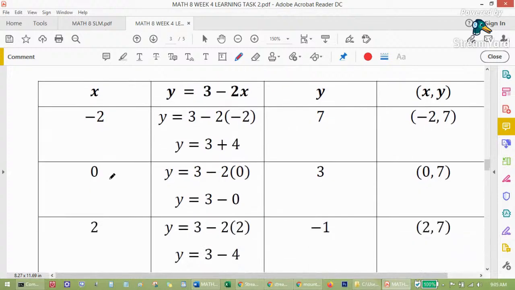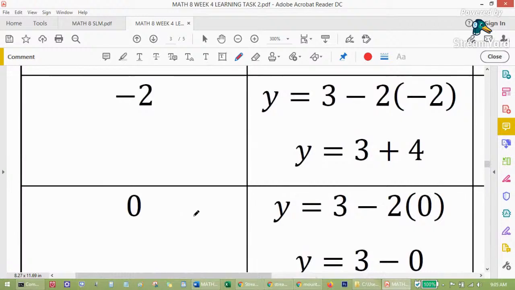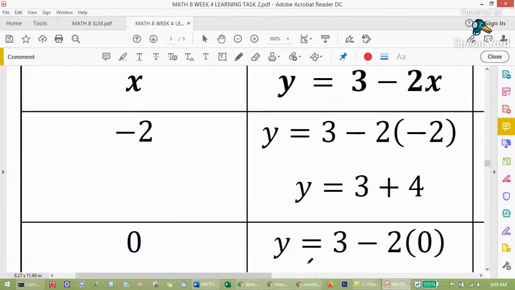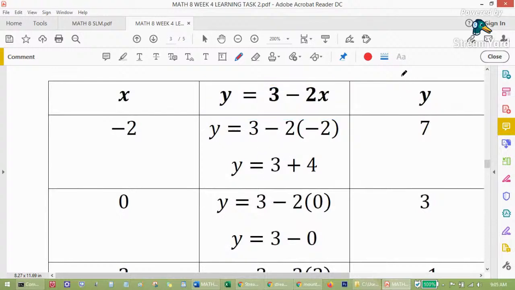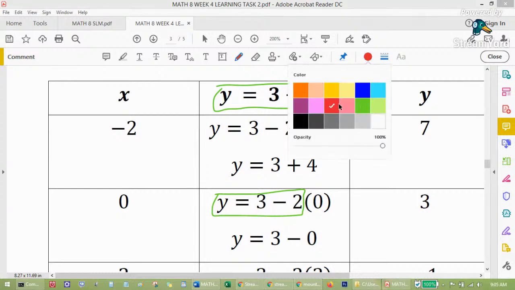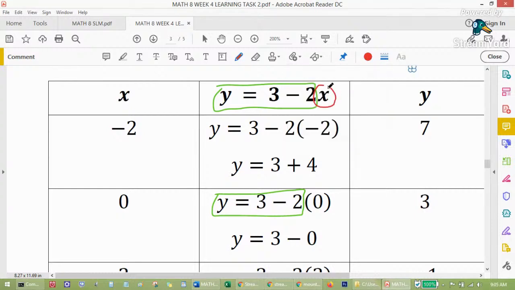Okay? Next, pag ang x is 0, ano daw ang magiging value ng y? So, susundan lang natin yung formula. Simula dito hanggang dito, kokopyahin lang natin. Okay? And then, etong x na to, ay papalitan natin ng 0.